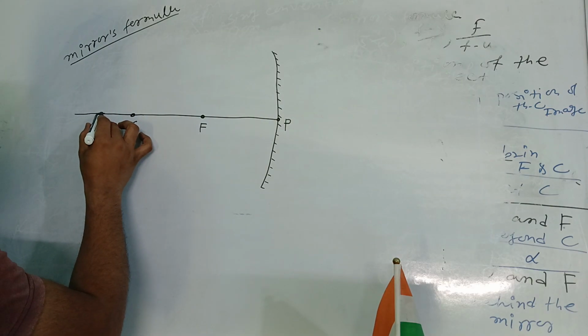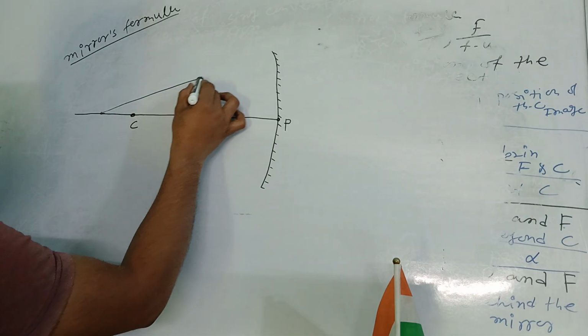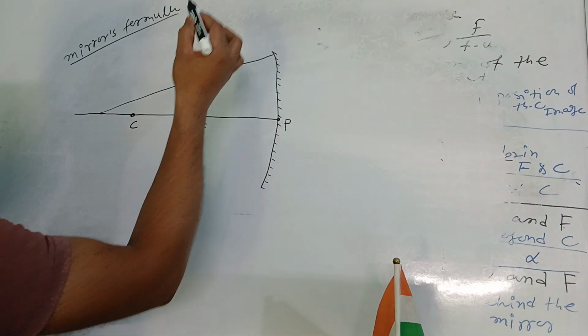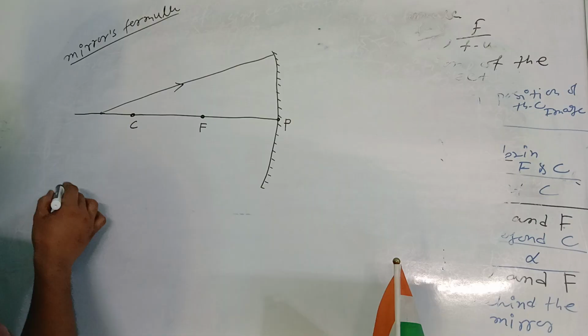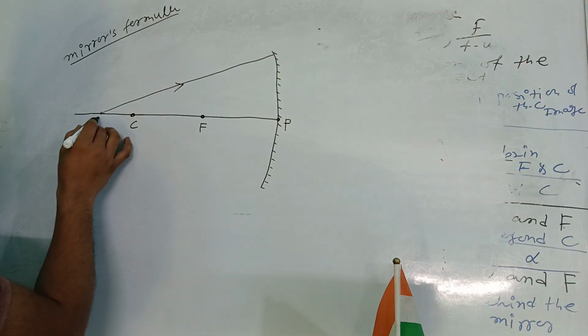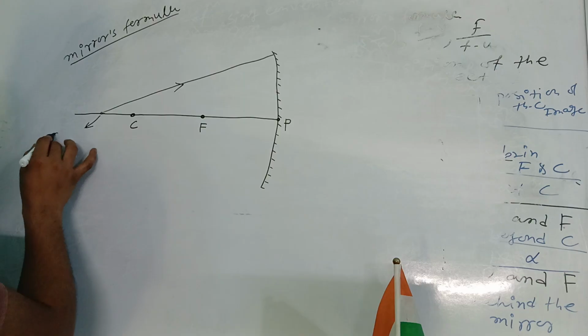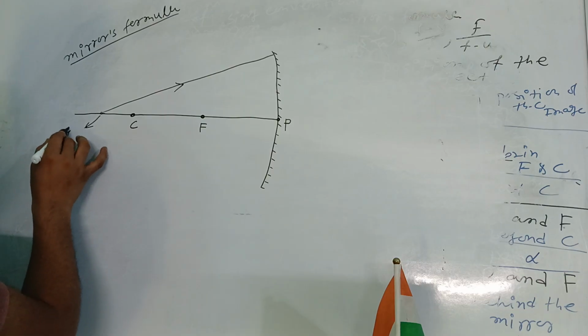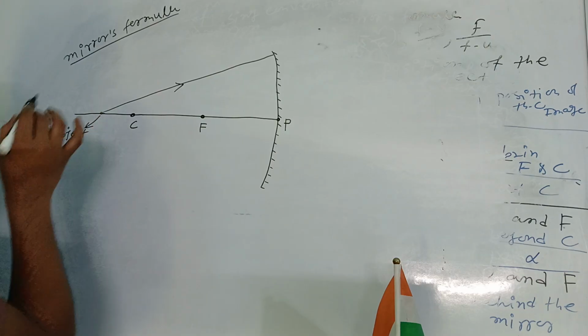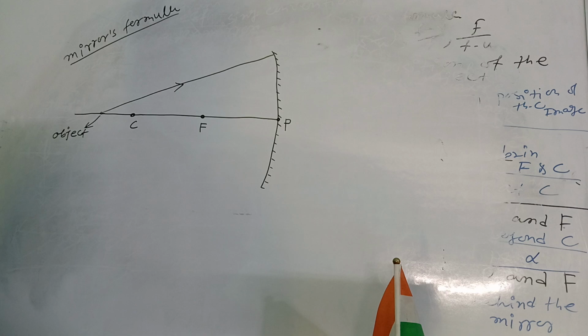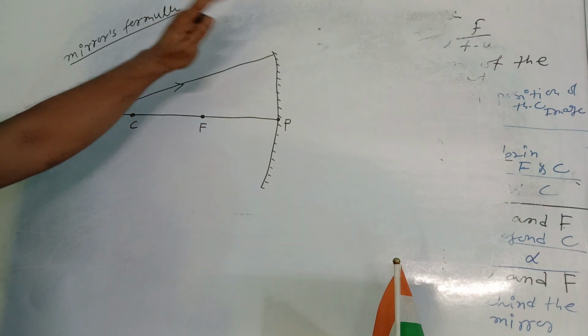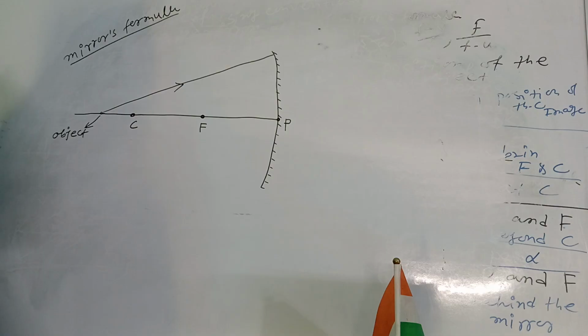Consider this is the incident ray. This is the object. So a ray from the object goes and hits the surface. Done?